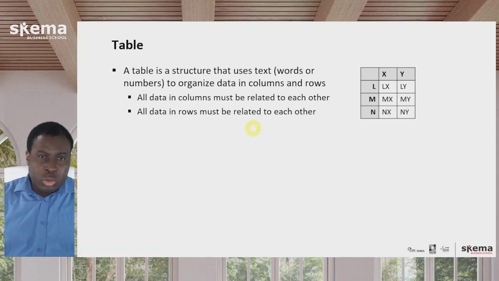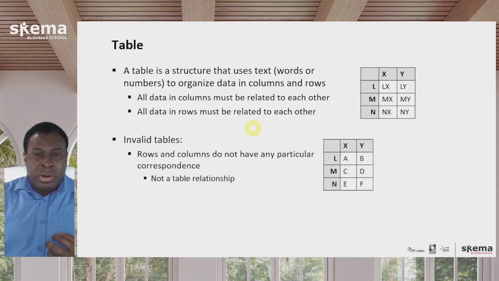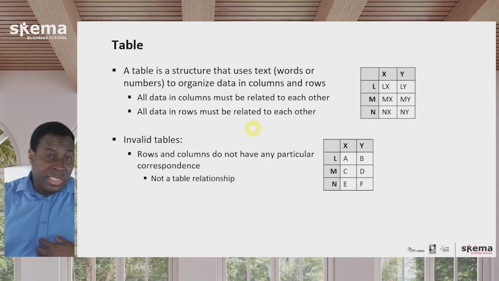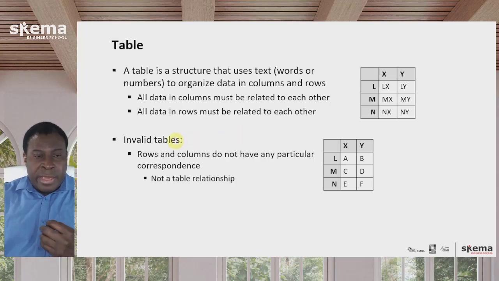Now that sounds intuitive, but unfortunately, there are a lot of invalid tables that you'll see and that sometimes we create. The first kind of invalid table that's quite common is that the rows and columns do not have any particular correspondence.